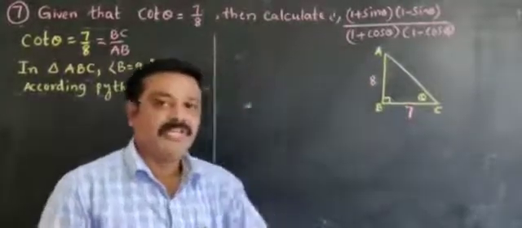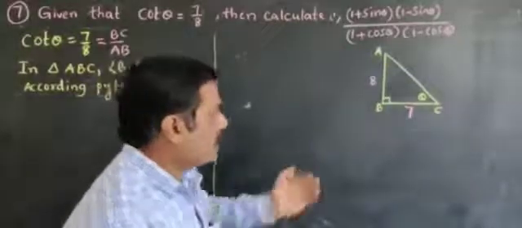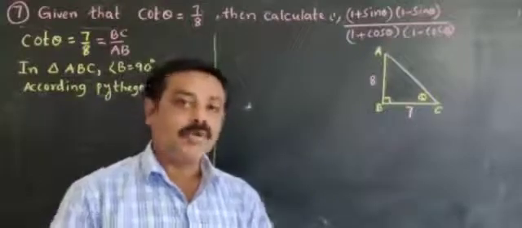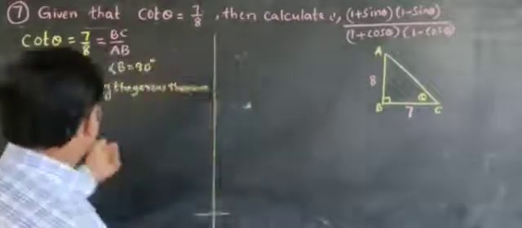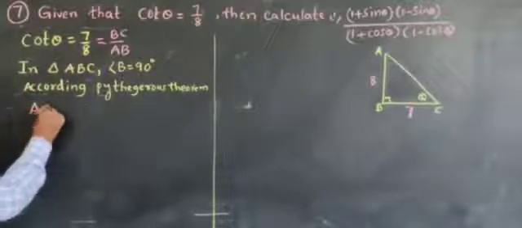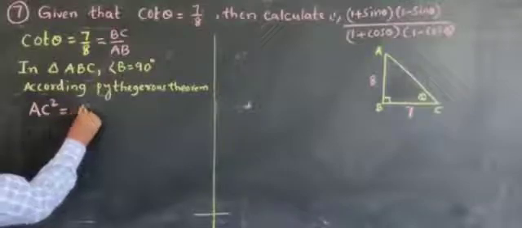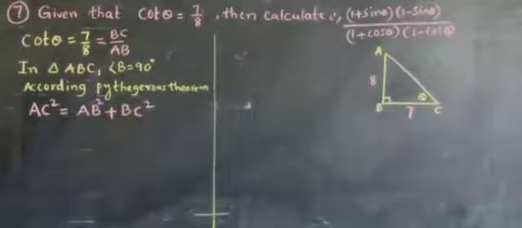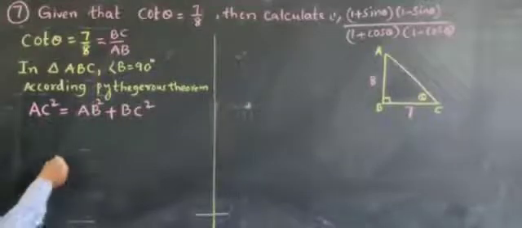Already we know the powerful theorem, that is Pythagoras theorem. In a right angle triangle, if we know the lengths of two sides, we find the third side with the help of Pythagoras theorem. AC square is equal to, that is, hypotenuse square is equal to AB square plus BC square. Is it clear, sir?